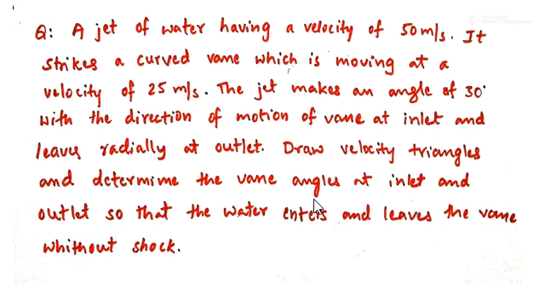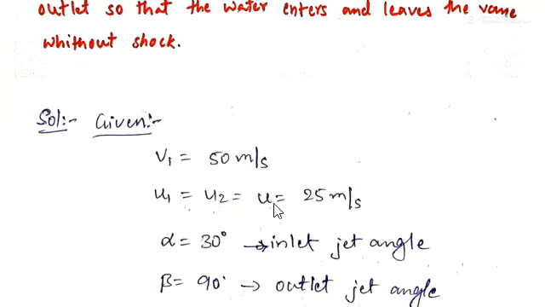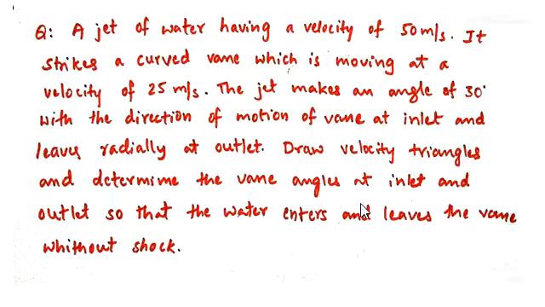So if you see the given data, the jet velocity V1 will be 50 meters per second, and the vane speed at inlet or outlet, or simply vane speed, is 25 meters per second. The vane is moving with velocity 25 meters per second.